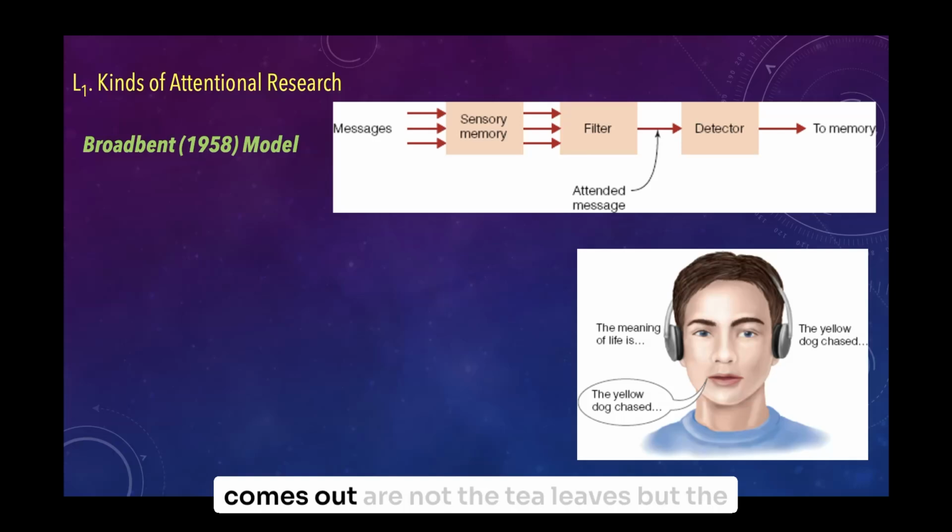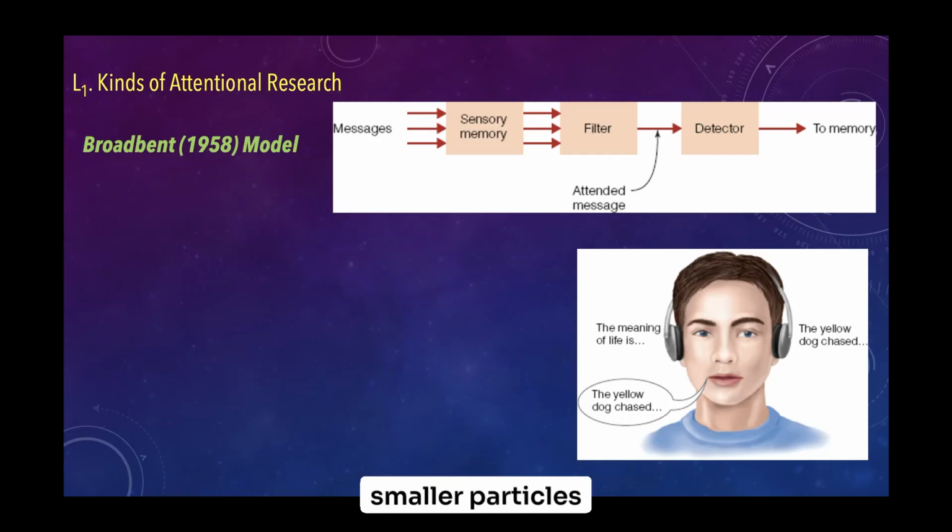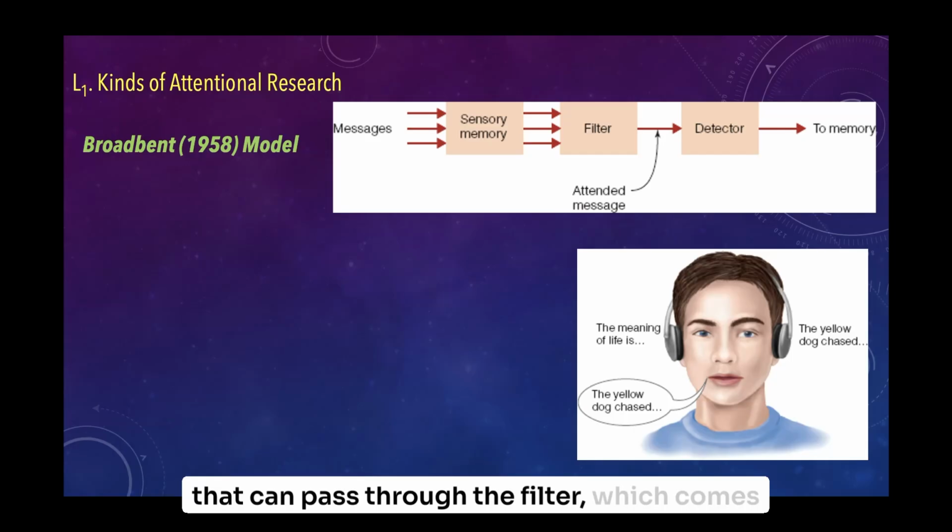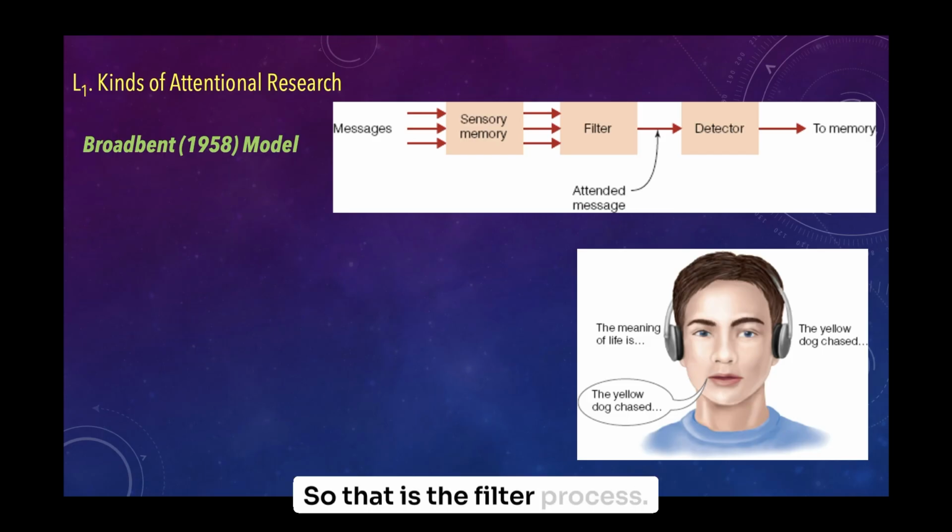What comes out are not the tea leaves, but the smaller particles that can pass through the filter, which comes out as the tea flavor, color, taste, whatever you want to say. But the actual bigger parts stay here. So that is the filter process.